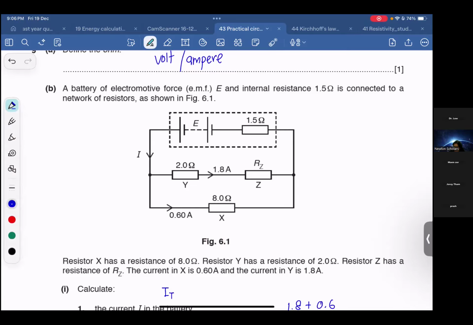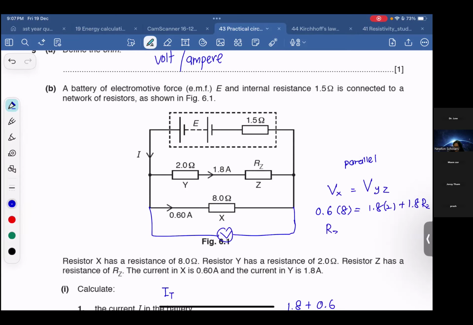Okay, so dear, I repeat, if I connect a voltmeter here, the voltage for X is actually the voltage for Y and Z, because they are parallel. So here 0.6 times 8 will be equal to 1.8 times 2 plus 1.8 times your RZ.